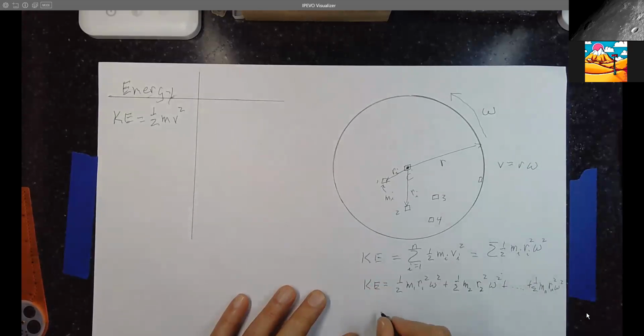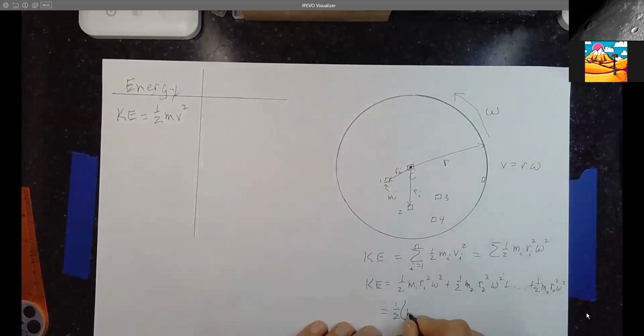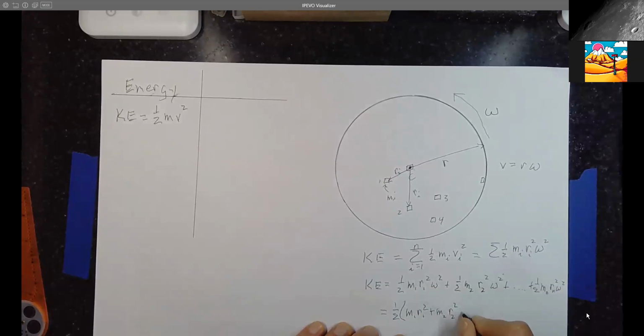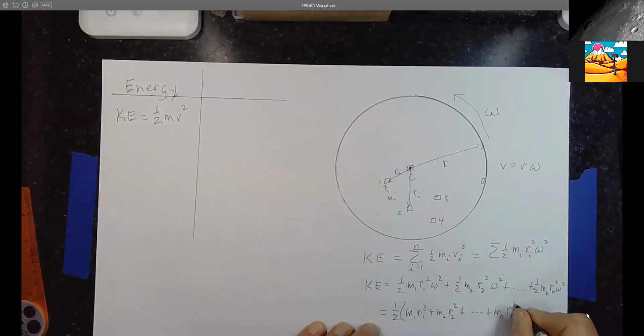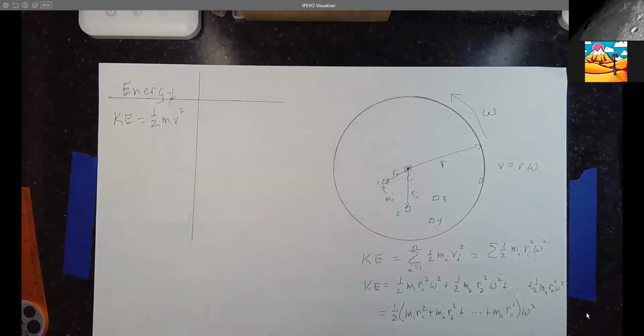And so you could rewrite this as 1/2 times, I'm going to take m1 r1 squared plus m2 r2 squared plus dot dot dot plus mn rn squared, times omega squared. I could have just pulled the omega out and stuck it in front, but I wanted to keep it here so it looks like that.